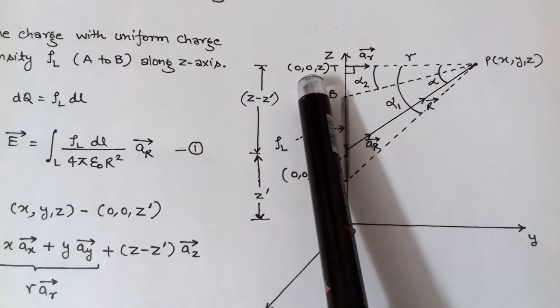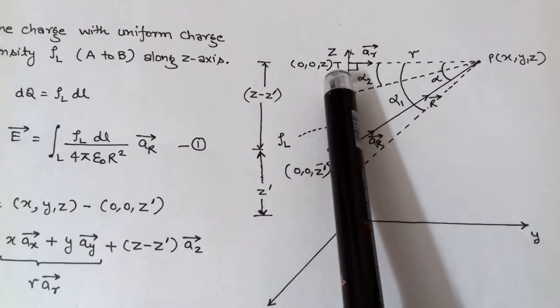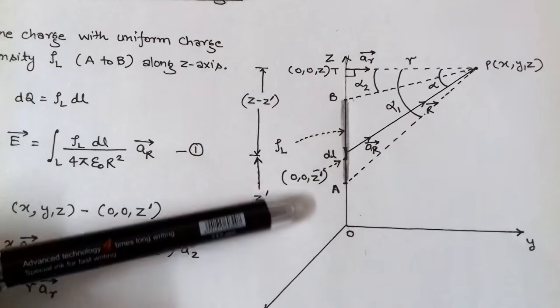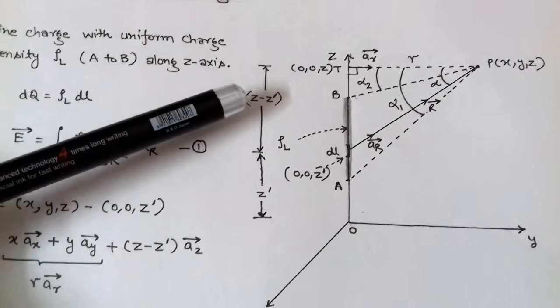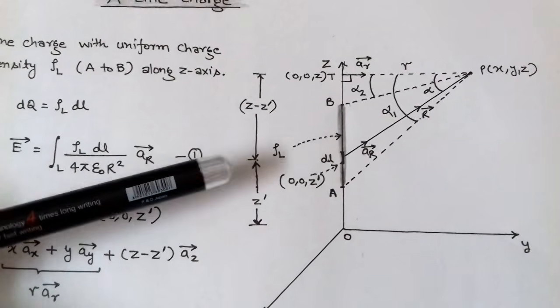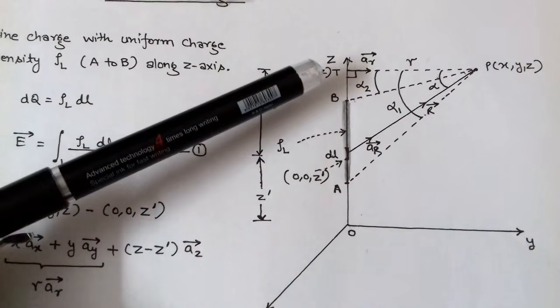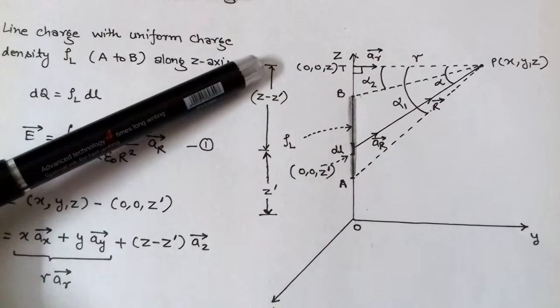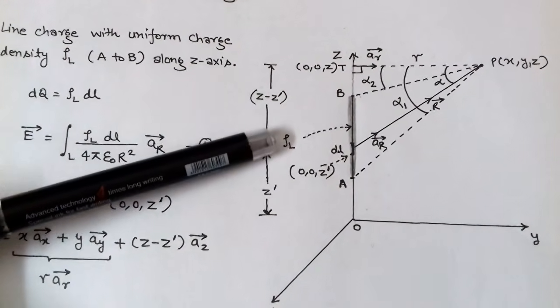We take a coordinate of T, that is height of T is z. So since the height of dl is z dash and the height of T is z, the distance between dl and T is z minus z dash.